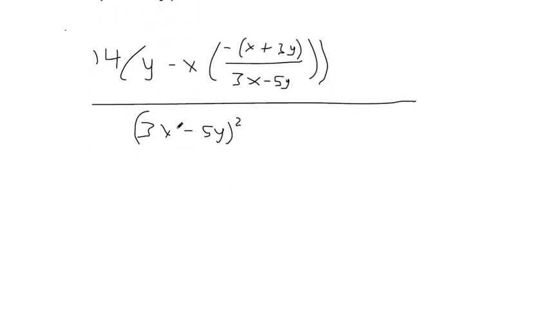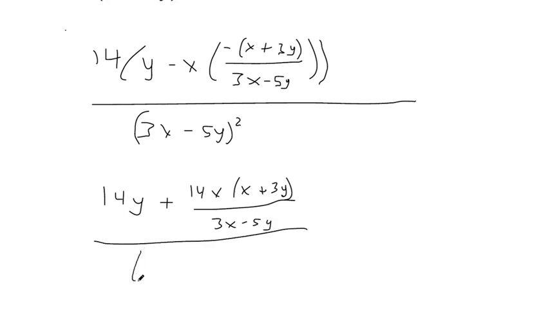Okay, so let's distribute that 14. And while I'm at it, I'm going to do x. This is x over 1 times this, so that's going to be an x in the numerator. It's minus a negative, so it's going to change this to a plus. That's 14x, x plus 3y, all over 3x minus 5y.